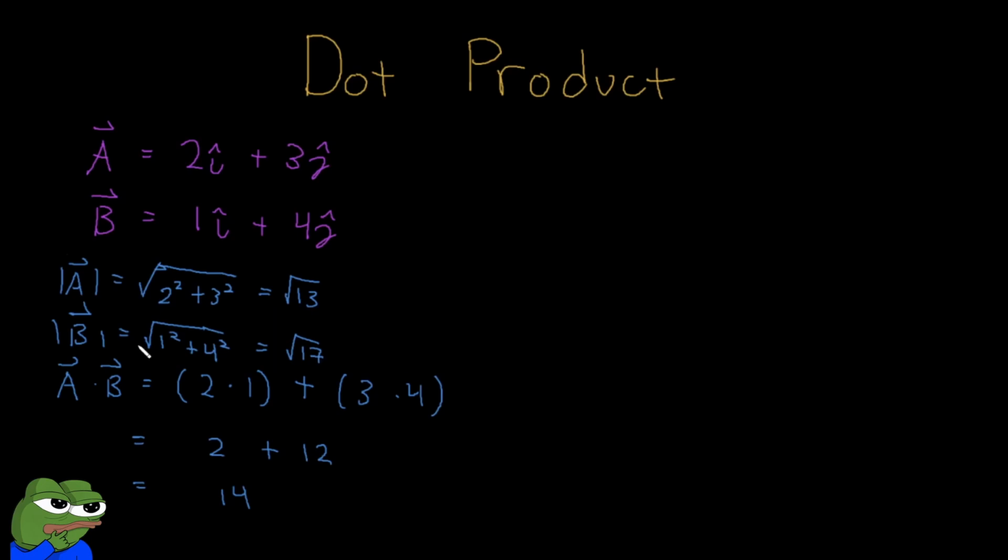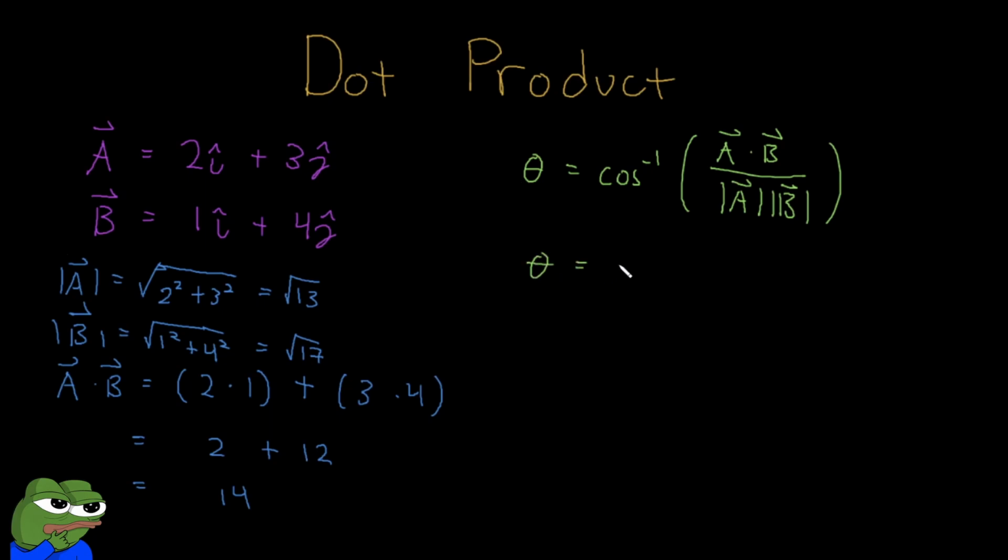Now this is all the information we need, and we know again that our theta is simply equal to the cosine inverse of the dot product of A and B over the magnitude of A times the magnitude of B. Again, if you're confused on where this came from, just go back earlier. We talked about how this is the relationship of dot product, and we simply isolated theta algebraically. Okay? So now we fill in the blanks.